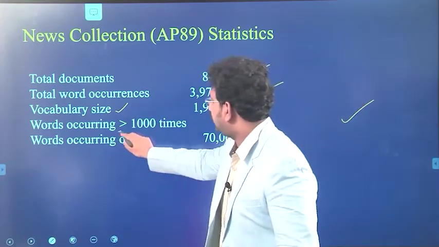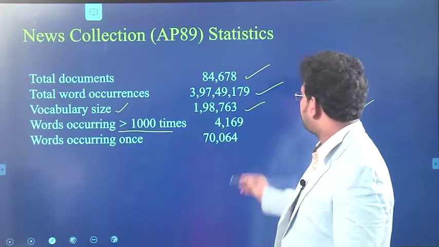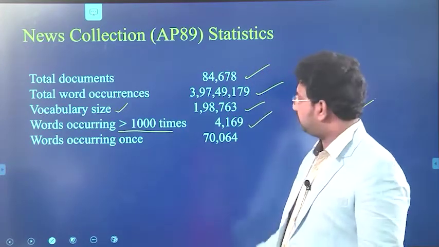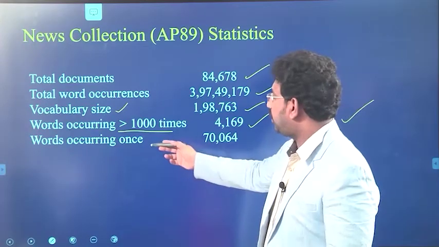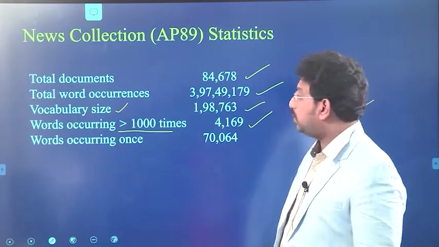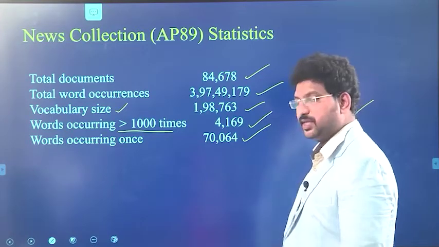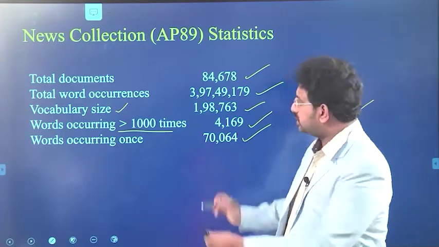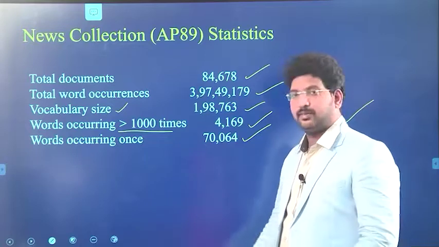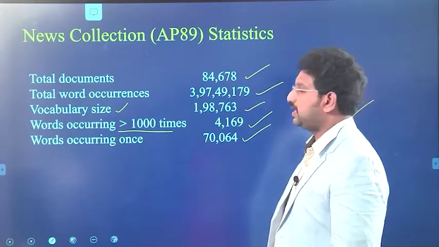Words occurring more than 1,000 times number about 4,169, and words occurring only once are about 70,064. So these are the text statistics about the news collection AP 89.